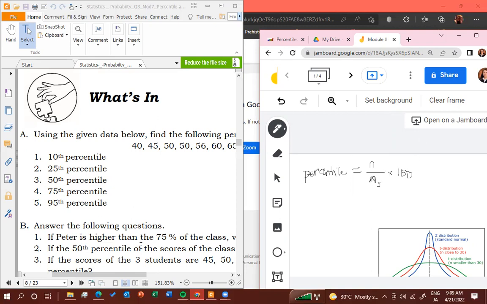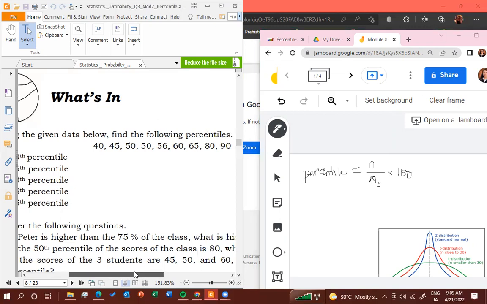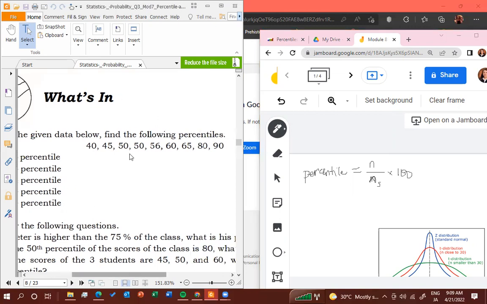To answer this, if we want to look at the percentile of a certain group of data, we first arrange it into ascending order. The least among the data would be 40, and the upper limit would be 90.